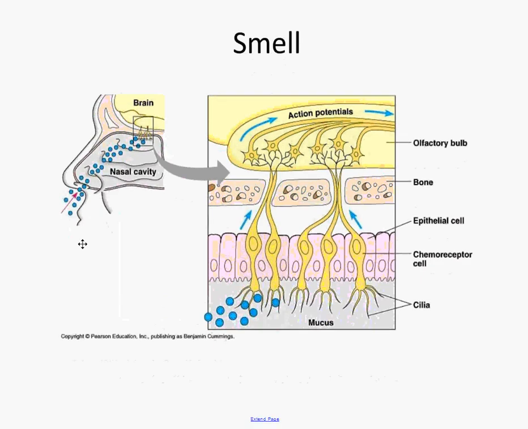The nose is very similar. You have chemicals that reach these little receptors in the nose, these neurons. This is the bone here. So right underneath your nasal cavity or right above it is the brain. So it's pretty close to the outside world. And it receives those chemicals, causes a depolarization, and then you perceive those chemicals as a particular odor.